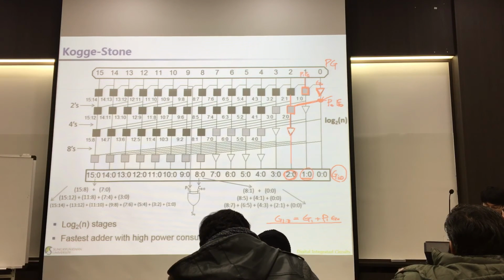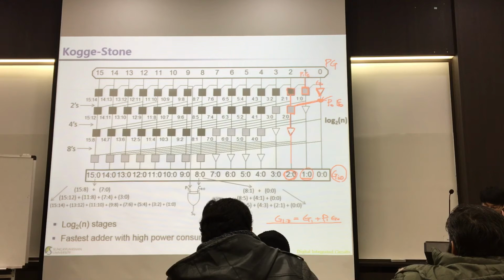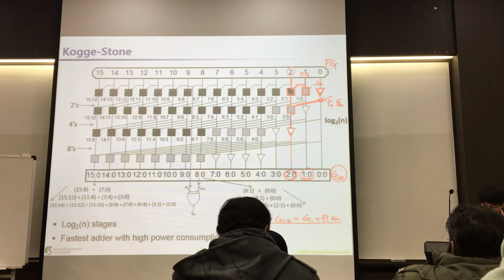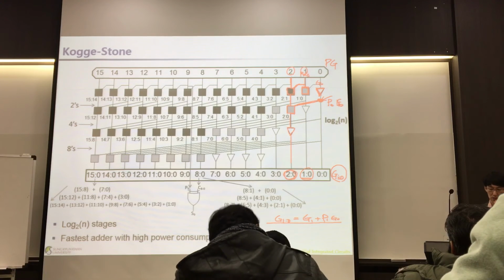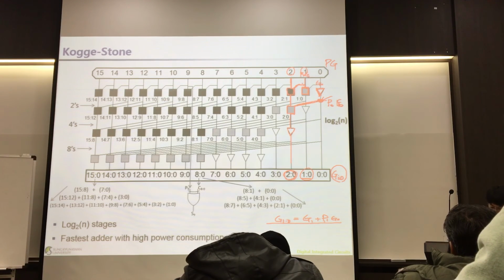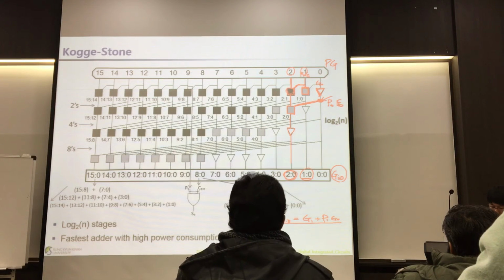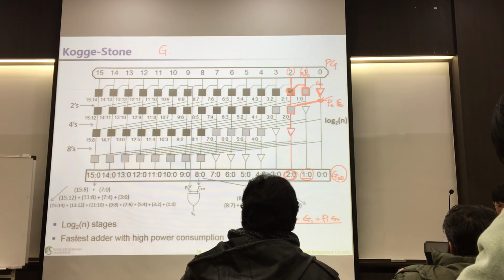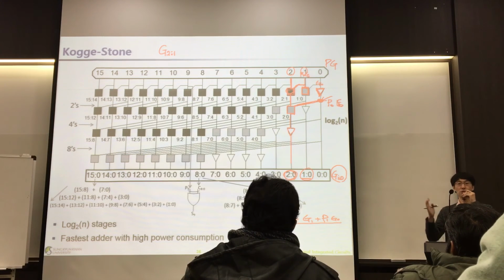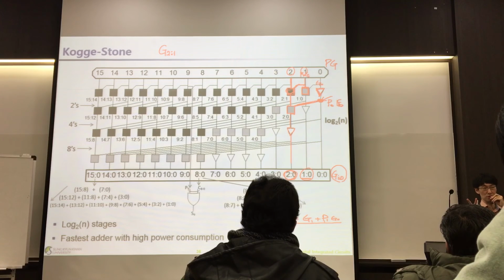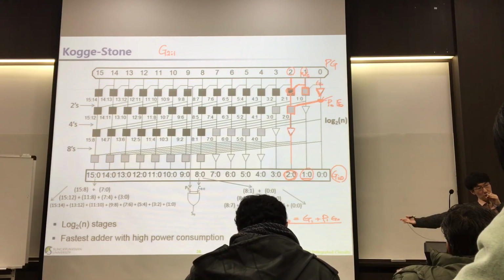However, what about this here? This is a black cell connected to bit position 2 and bit position 1. So what we can tell is this is actually generating G for 2 to 1, not 2 to 0. This is the generation calculation for a certain sub-range, not all the way down to 0.